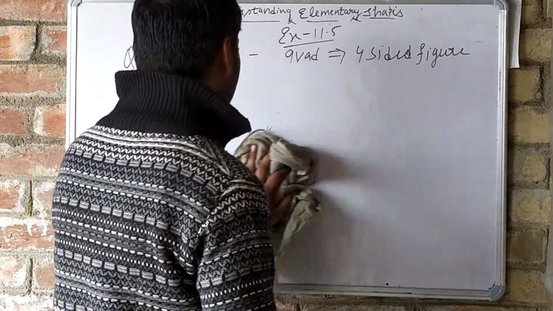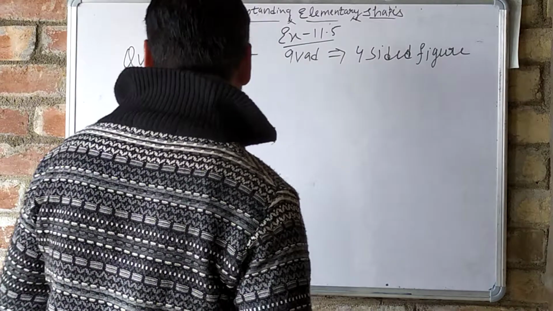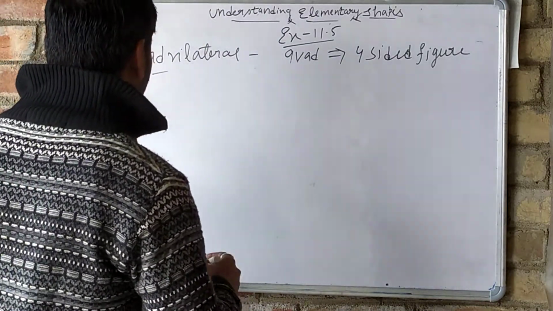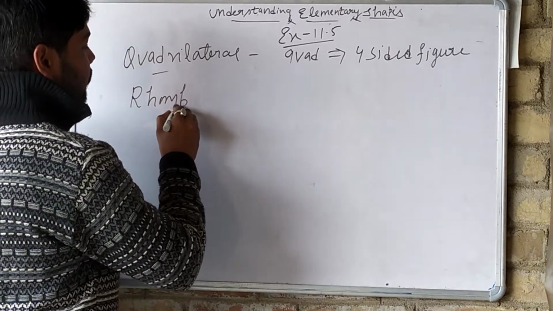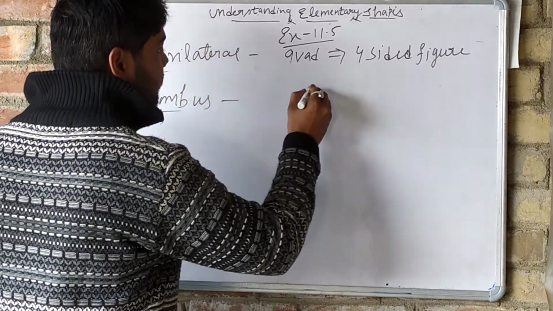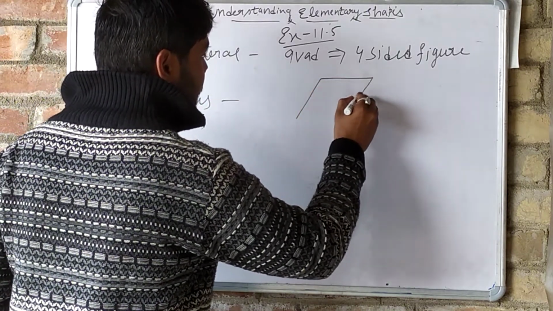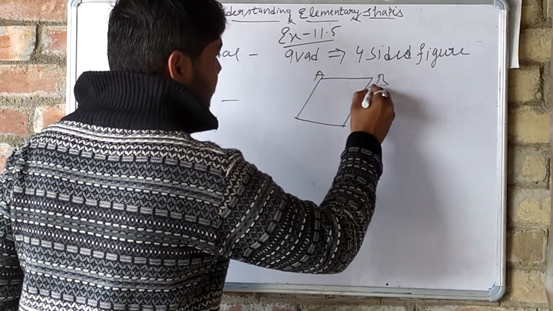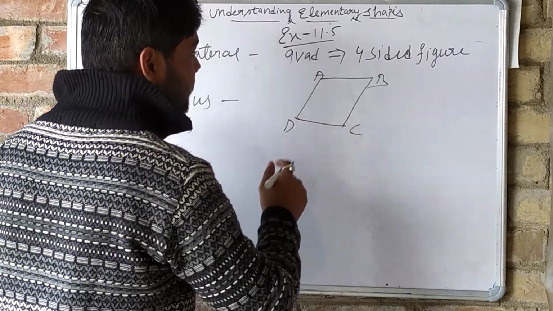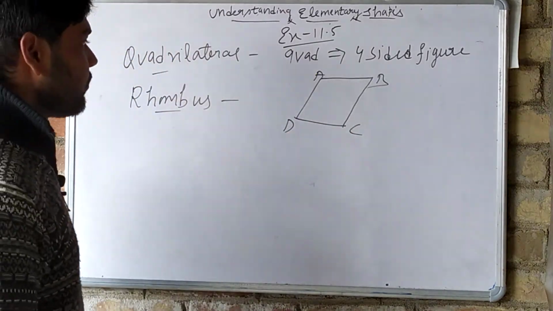Next we have to study about rhombus. Rhombus is also a four-sided figure. This figure ABCD is known as rhombus.